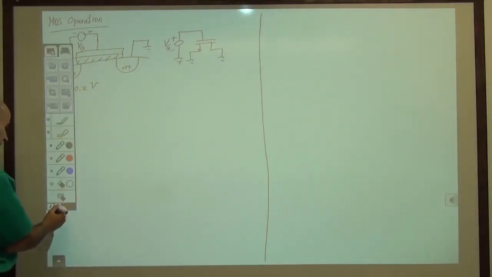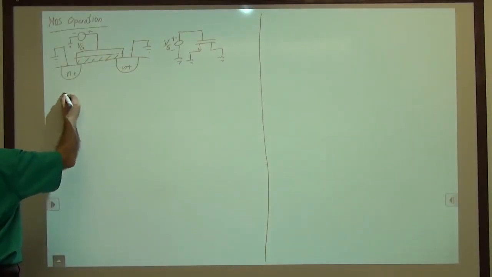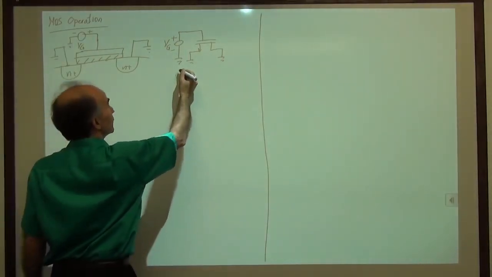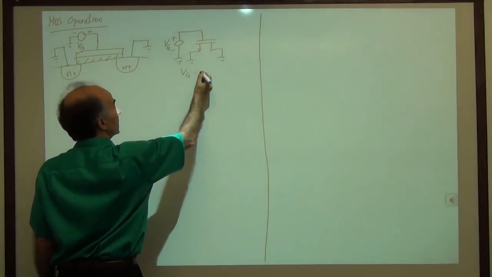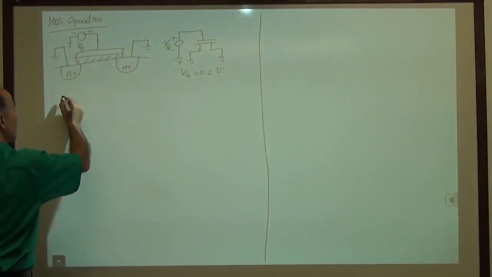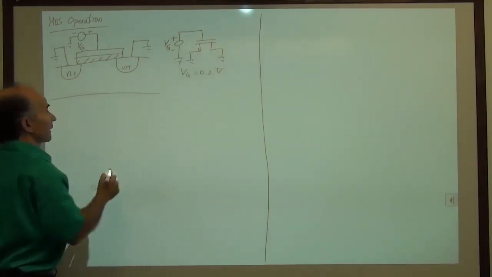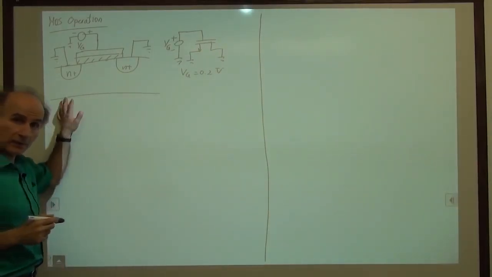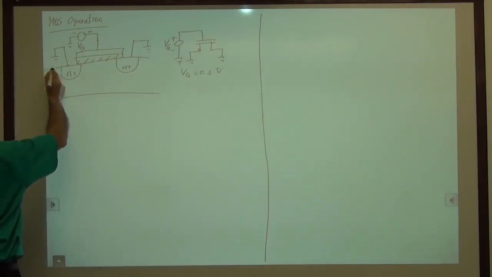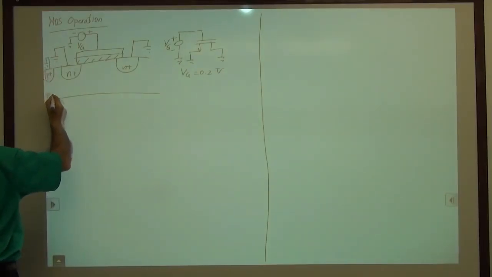Well, let me just erase this because I need the space here. I will write that over here. So VG equals 0.2 volts. Well, remember there's a substrate here. In fact, what I have not shown is that the substrate is also connected to ground. So if you want to be careful, we draw a P plus for the substrate, and we also connect that to ground. This is a P substrate device.